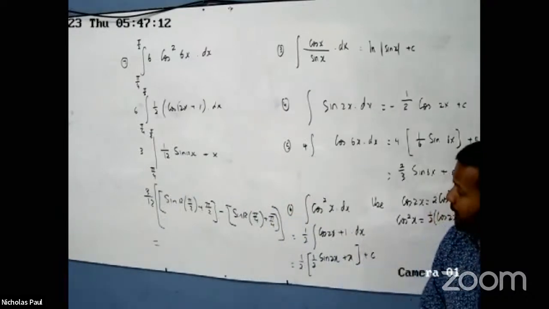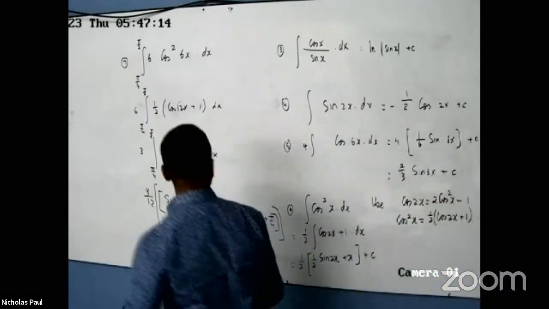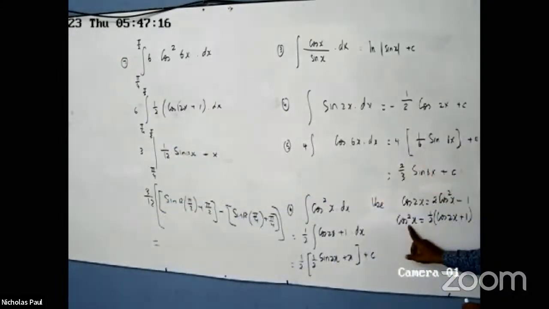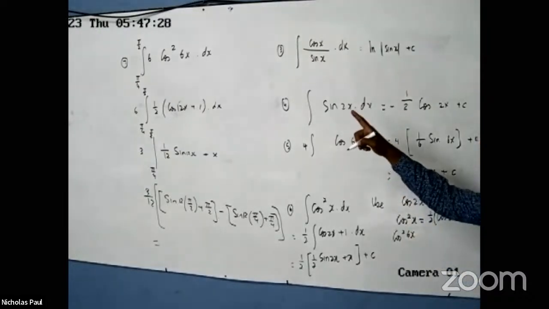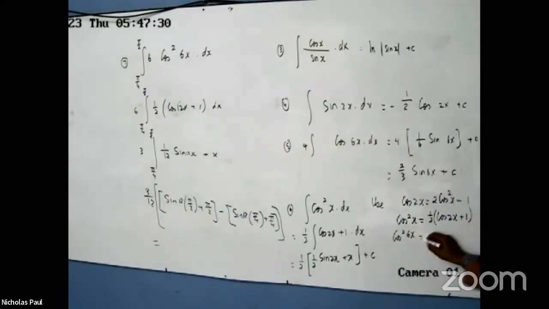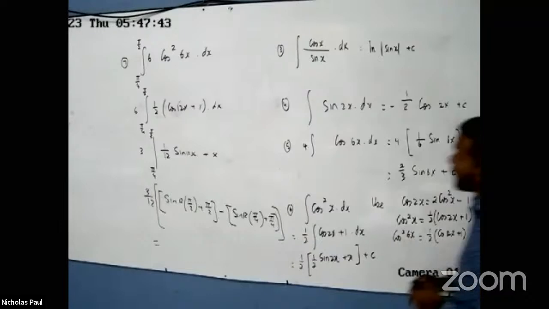Yeah, I'll go over it again. Cos squared x is equal to half cos 2x plus 1. So it means that cos squared 6x, that's what they asked us for up there, is equal to half by, multiplying the angle by 6, cos 12x plus 1.